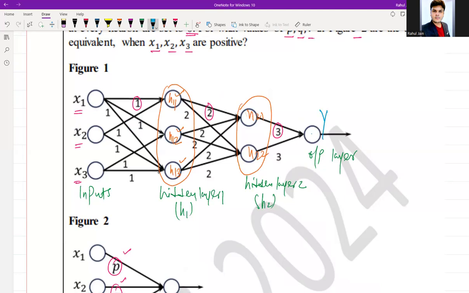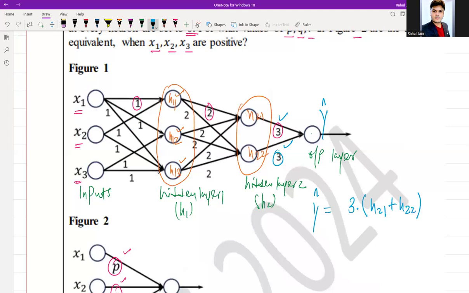Let's say the output is y hat. So I can write y hat is nothing but 3 into (h21 plus h22), where 3 is the weight associated here.